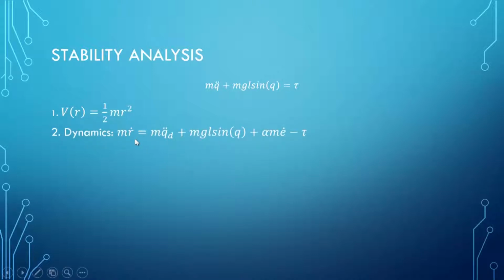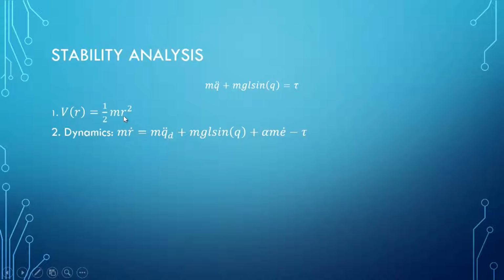Okay, and the open loop dynamics. Here's the open loop dynamics. But because we are doing tracking control, which means that you want the tracking error to be 0, I put the filtered tracking error R here, rather than Q here. If we put Q here, it's a regulation problem, right?